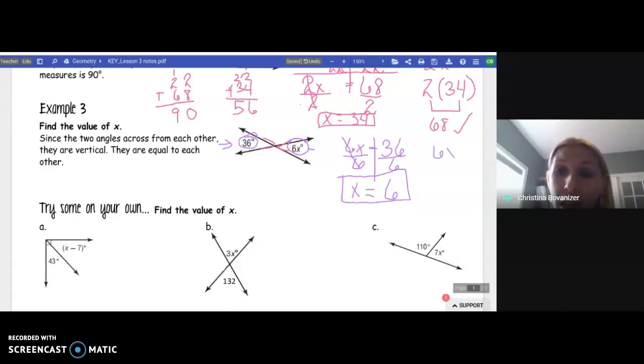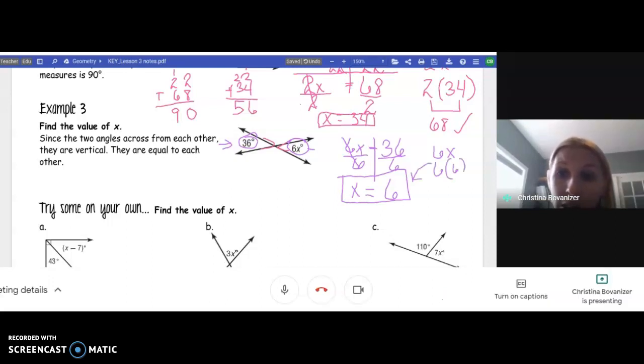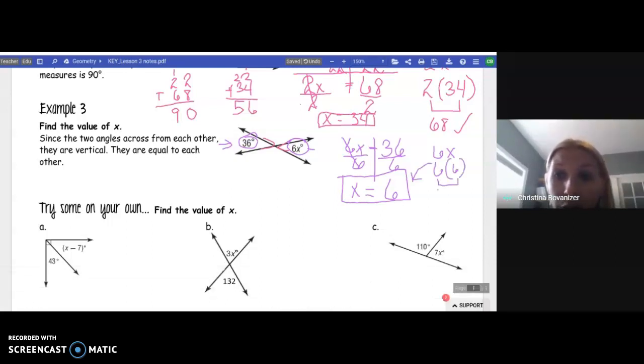So if we did 6x to check our answer, and we plugged in 6 for x that we got down here, we get 36. So we know that we solved for x correctly, because we should have gotten 36 when we plugged in 6 into that expression.